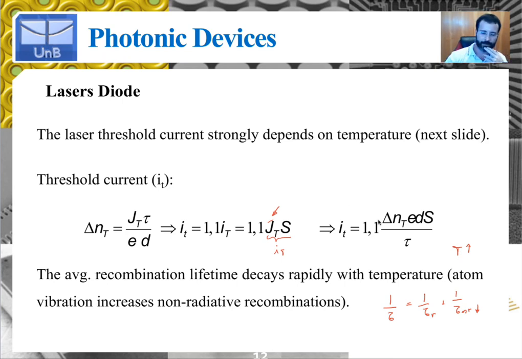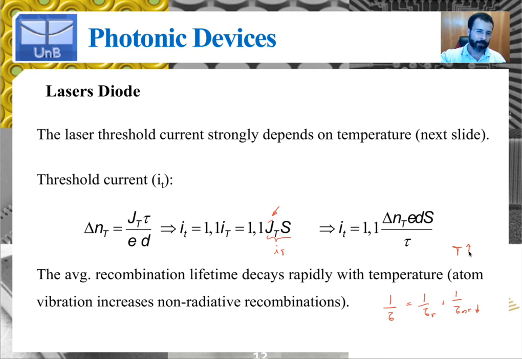So the atoms will move around more as you increase the temperature, and this will increase the probability that non-radiative recombinations can occur, because again, usually when you have non-radiative recombinations, the electron which is up in the conduction band recombines with a hole without emitting a photon, and the energy is given off as a phonon, or some sort of mechanical form of energy, right?